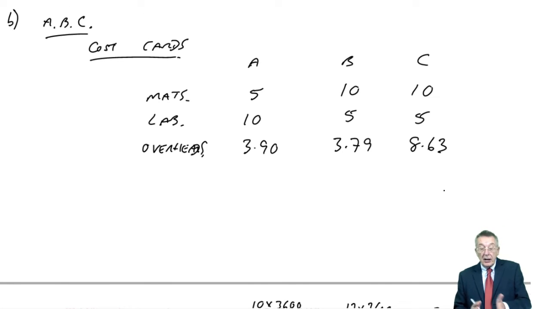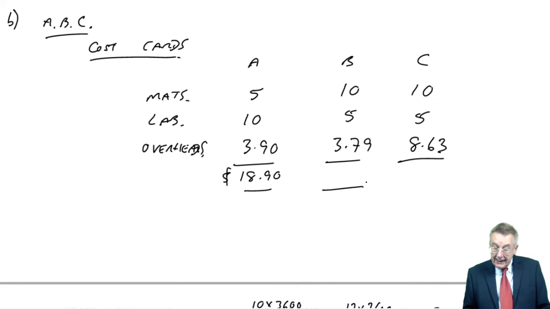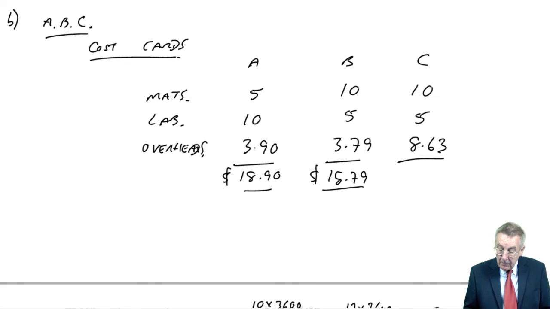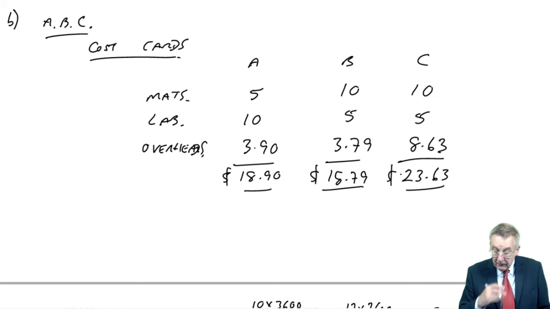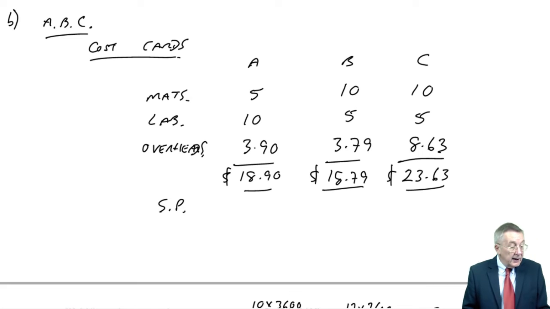And so on this approach, the overhead split that way, and the full cost per unit, A is 1890, B is 1879, C is 2363. So there's our costings. The question finally wanted to know the profit as well. Well, the selling price, where was it in the top?